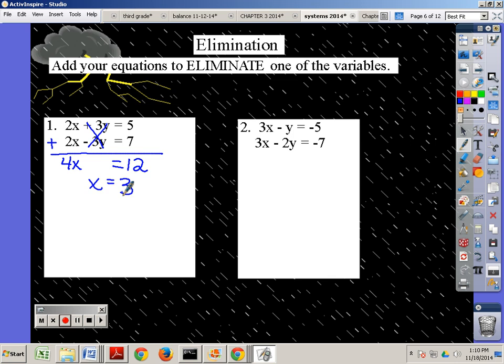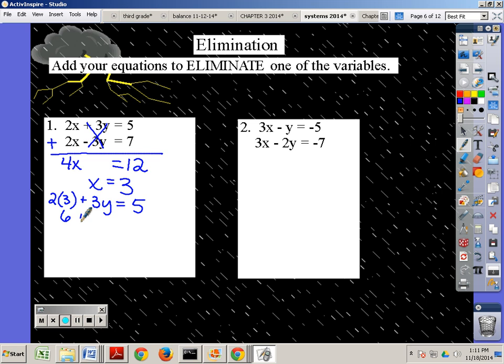So same as before, when x equals 3, we just plug it into one of these equations to find out what y is. So I'm going to plug it into the first equation, 2 times 3, because that's what we just got for x. So we're going to plug that in for our x, plus 3y equals 5.